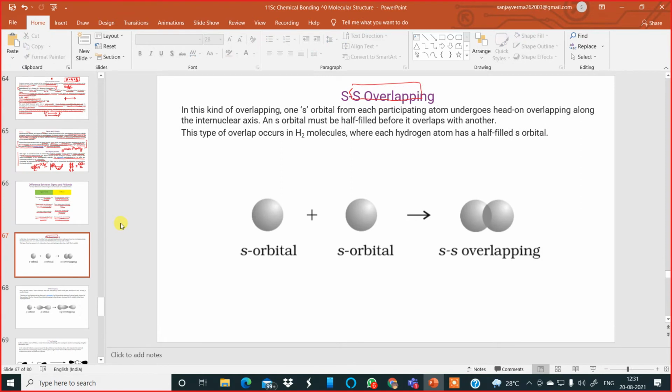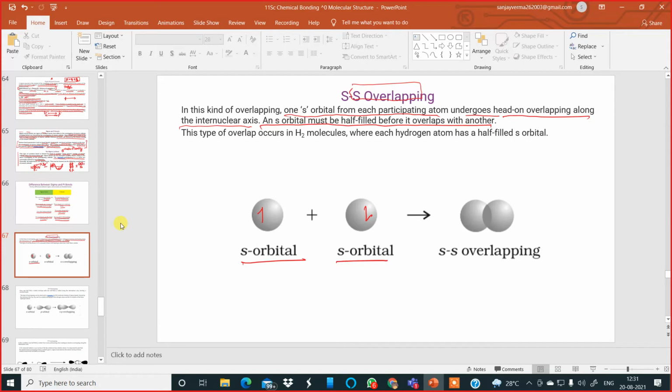In SS overlapping, one s orbital from each participating atom undergoes head-on overlapping along the internuclear axis. An s orbital must be half-filled before it overlaps with the other s orbital. That means one electron here, another electron there, with opposite spin.